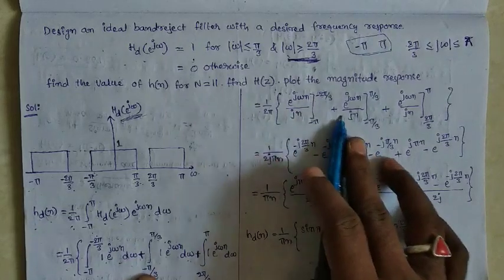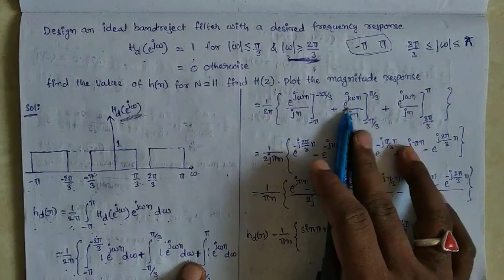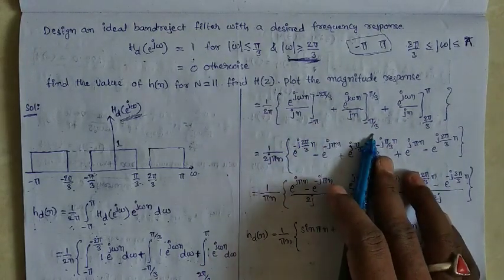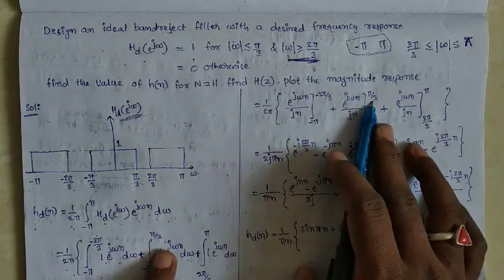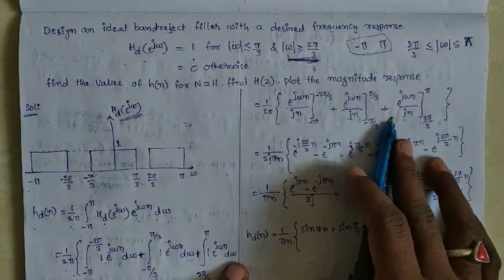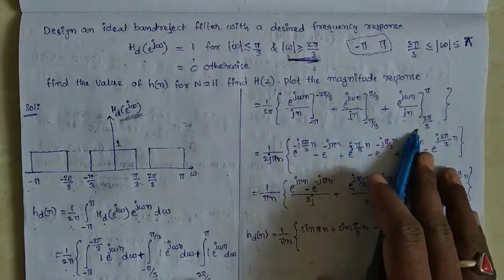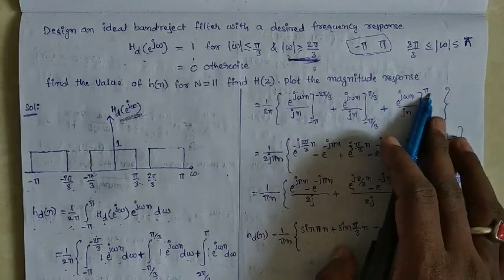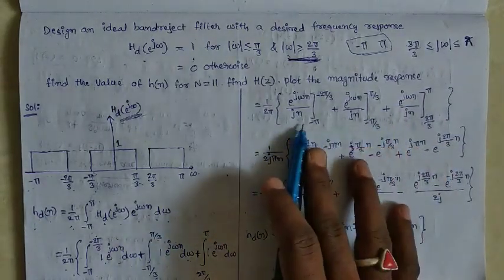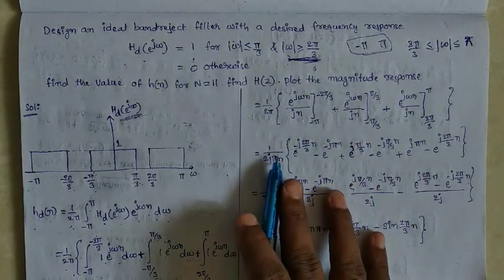Plus the integration of e power j omega n with respect to omega, e power j omega n by jn, with interval minus pi by 3 to 5 by 3. Plus e power j omega n by jn with interval 2 pi by 3 to pi. In all three terms, the common term is jn. I am taking the constant term jn out.